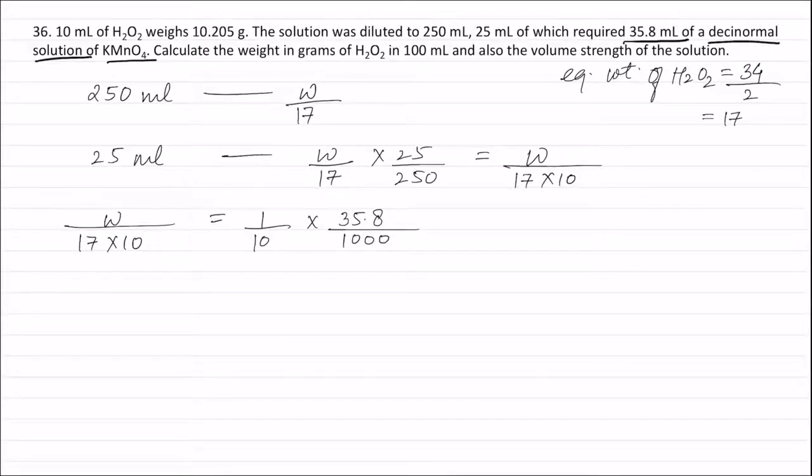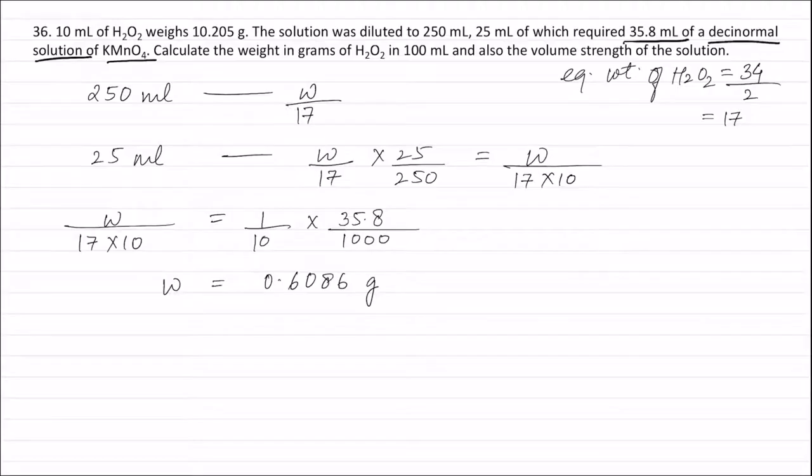Solving this equation, the value for W is equal to 0.6086 grams.